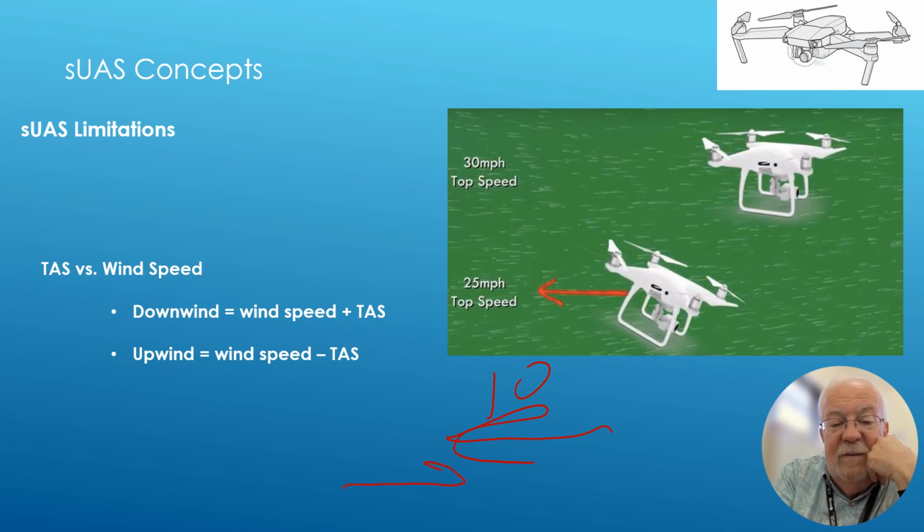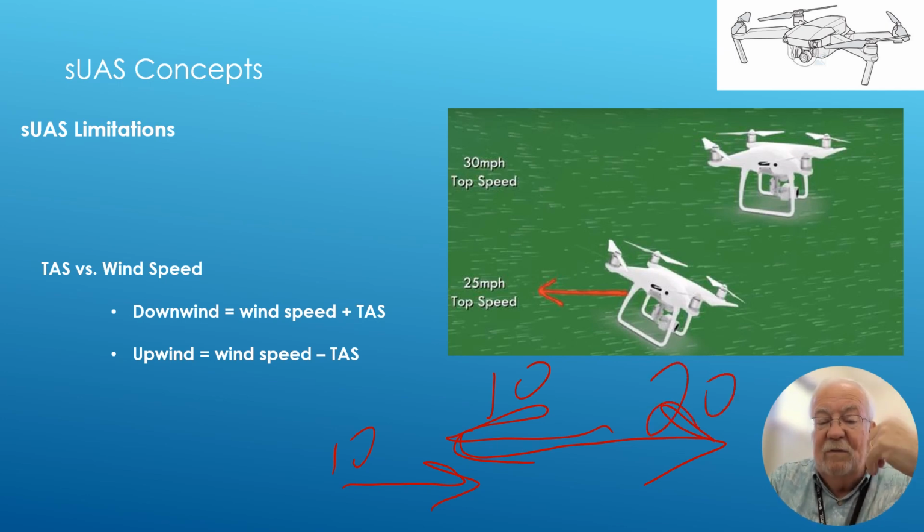The wind is blowing this way at 10 miles an hour. You're not going to move. You're not going to be moving in that direction anyway. You'll be able to turn around and go the opposite direction, and you'll be doing 20. So ground speed and airspeed are not the same. You have to either add or subtract the wind, or typically we don't fly exactly into the wind or exactly with the wind. Some angle, it's going to be a certain percentage of that.